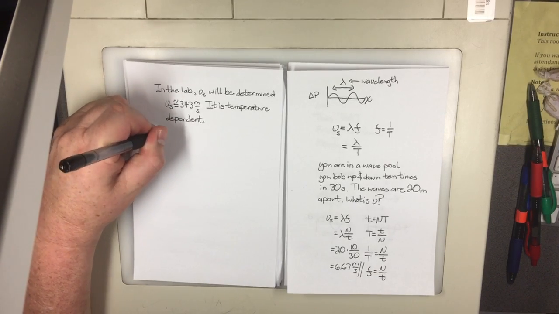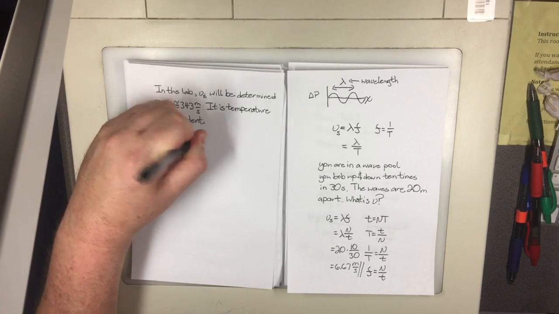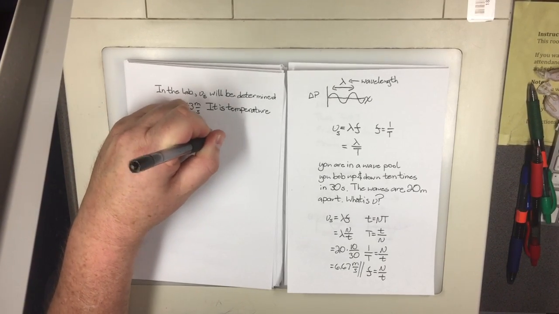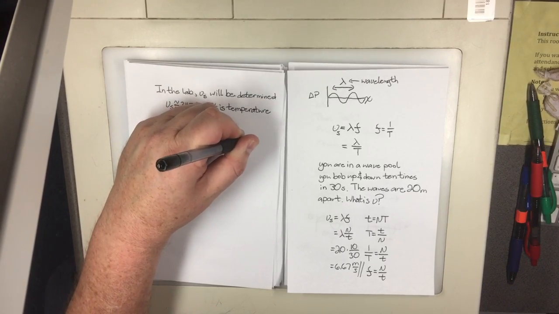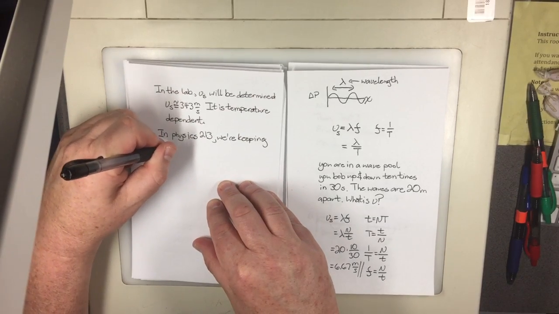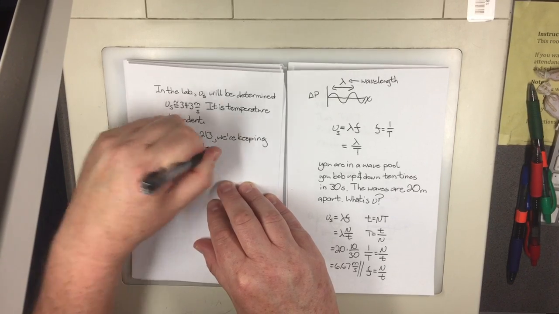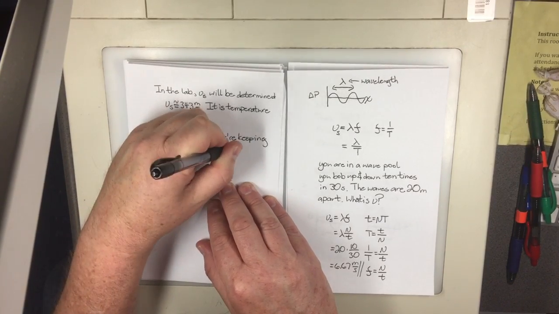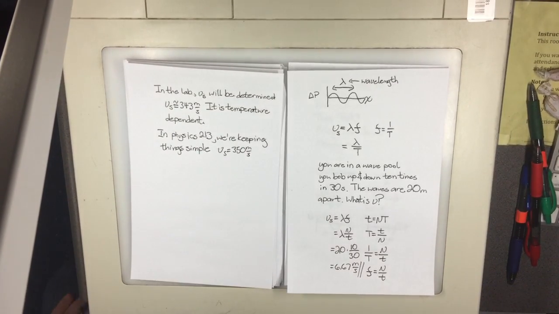In Physics 2:13, we're keeping things simple. V of S is equal to 350. The reason why I'm using V sub S is equal to 350 is for a wide variety of reasons.